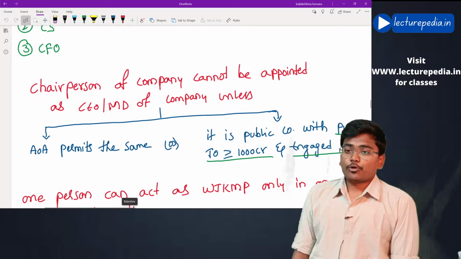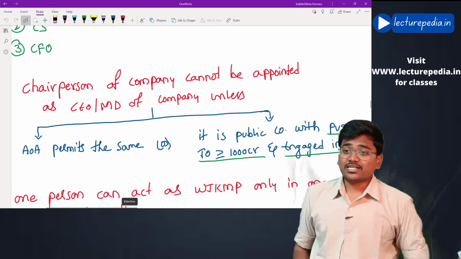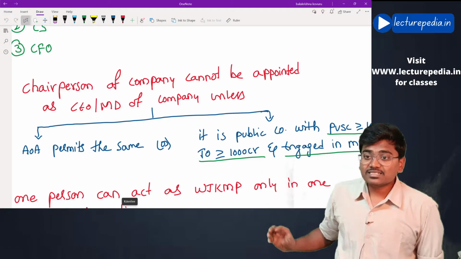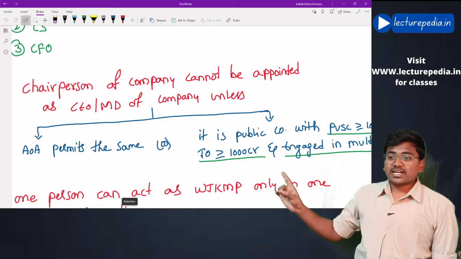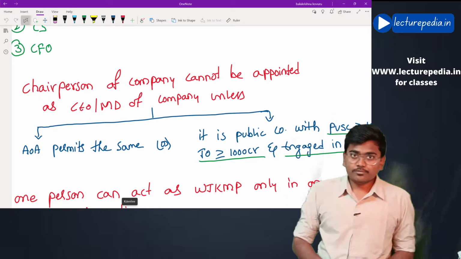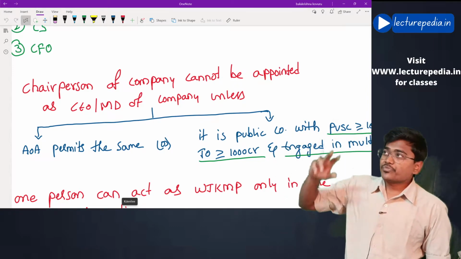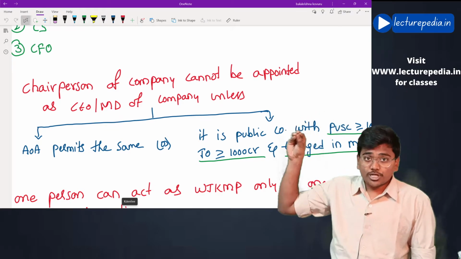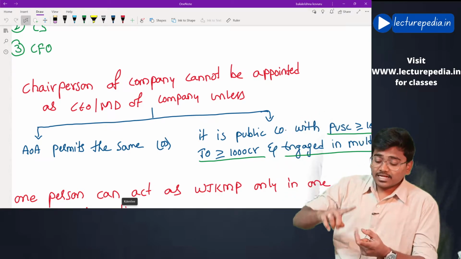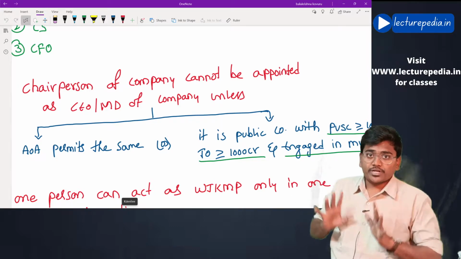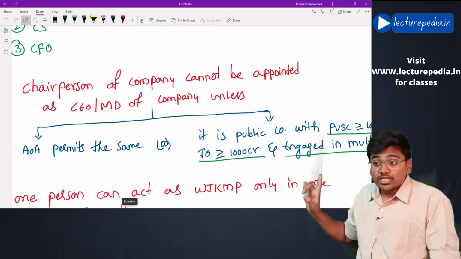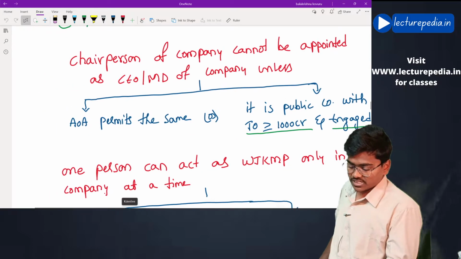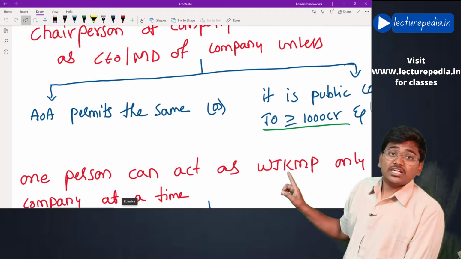Additional point number 1 says that the chairperson of a company cannot be appointed as CEO or managing director of the company unless, in the following two situations, he can be appointed. What are those two situations? First, the AOA provides for the same.